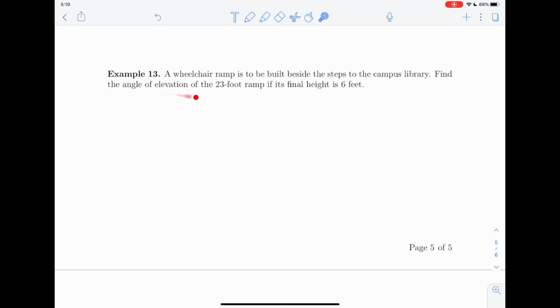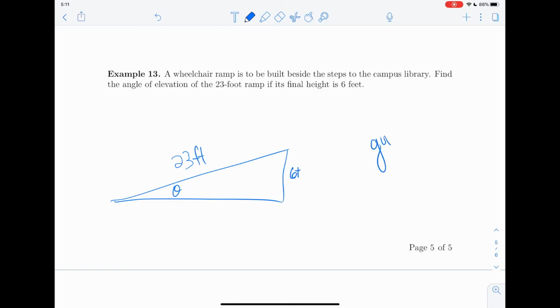Find the angle of elevation of a 23-foot ramp. So it's a 23-foot ramp. We have some sort of an angle of elevation, theta, and the final height of the ramp is 6 feet. So you can recognize this is very similar to the guy wire problem.